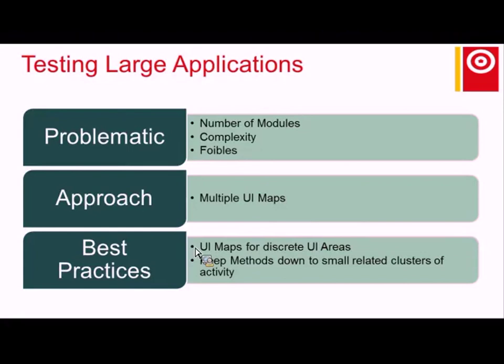It's just a matter of complexity, quantity of modules, amount of code, and so on. So the best practice is to keep separate UI maps for separate areas of the code, and keep the methods in your test down to small related topics of activity.